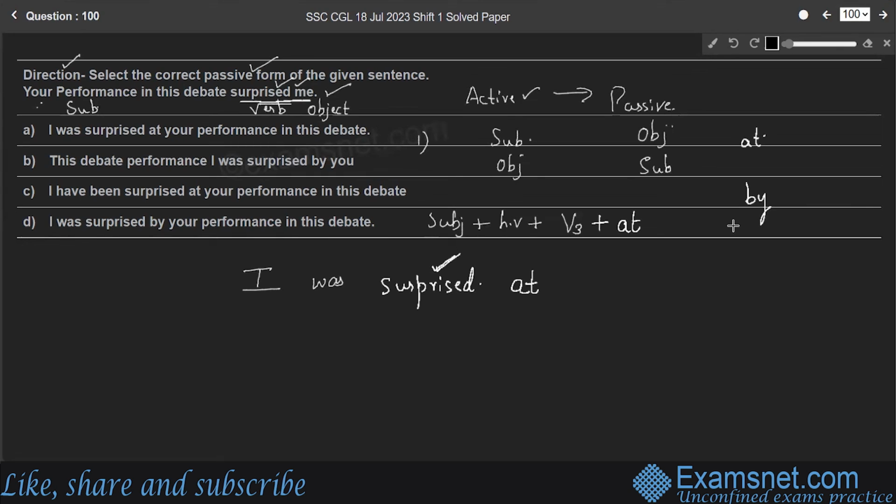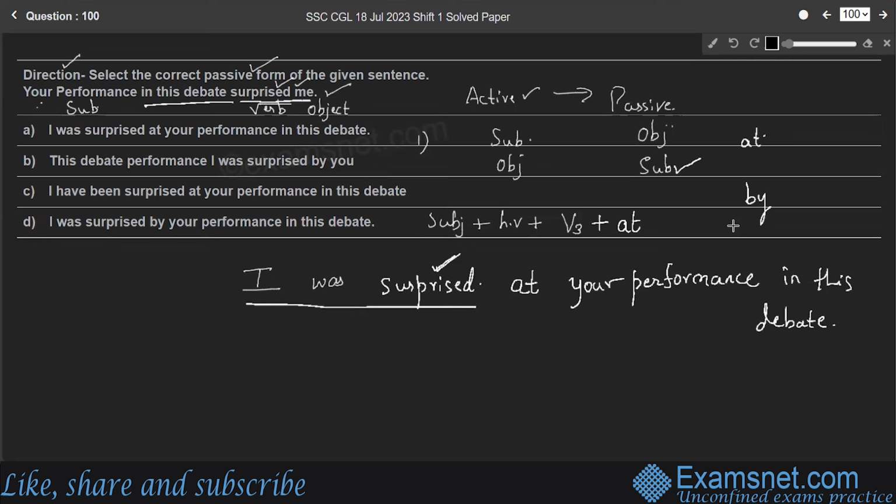Then comes the object. Here in passive voice, the object is nothing but the subject of the active voice, which is your performance, right? I was surprised at your performance. And the remaining things will not be changed: in this debate. Therefore, the passive voice becomes I was surprised at your performance in this debate. Why are we using at here?